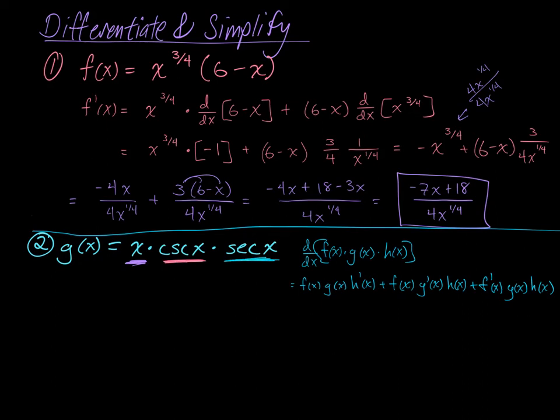And so when you go through and do this entire process, you can see that g prime of x will be the first and the second times the derivative of the third.